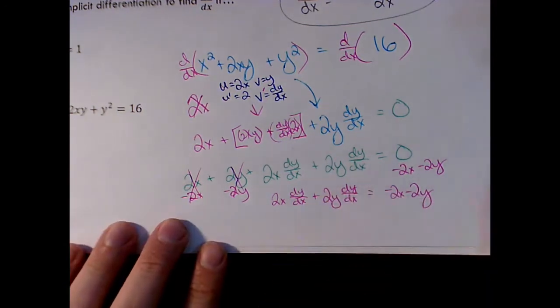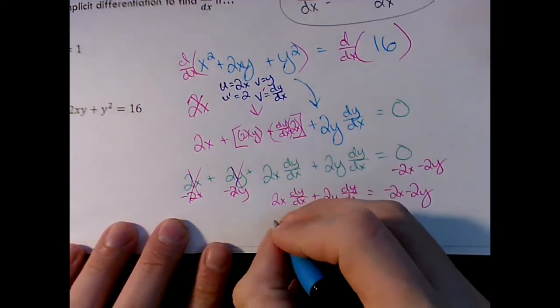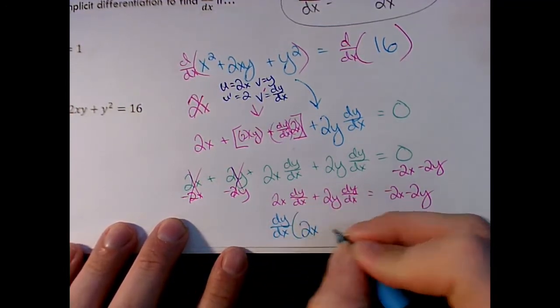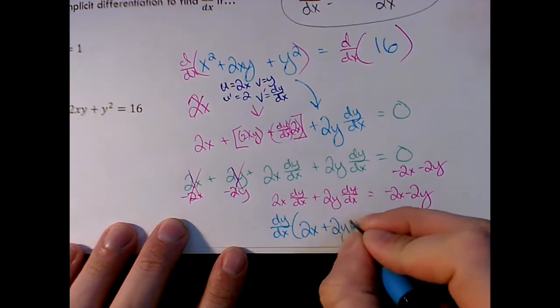I'm going to factor out a dy/dx from the left. When I do that, I have 2x plus 2y.